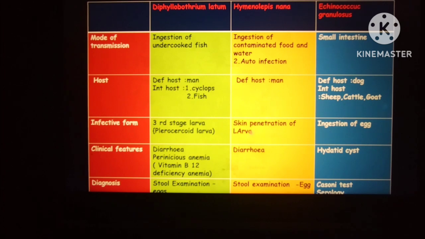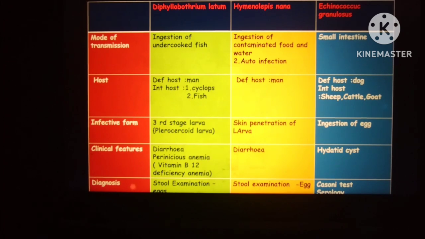Here it is usually a larva entering by skin penetration, but here it is an egg. Next, the clinical features: diarrhea and pernicious anemia, that is vitamin B12 deficiency. H. nana usually causes diarrhea, and here the famous one is the hydatid cyst.